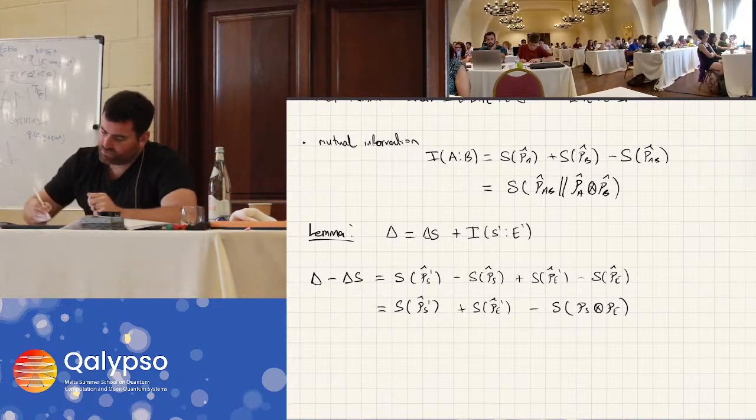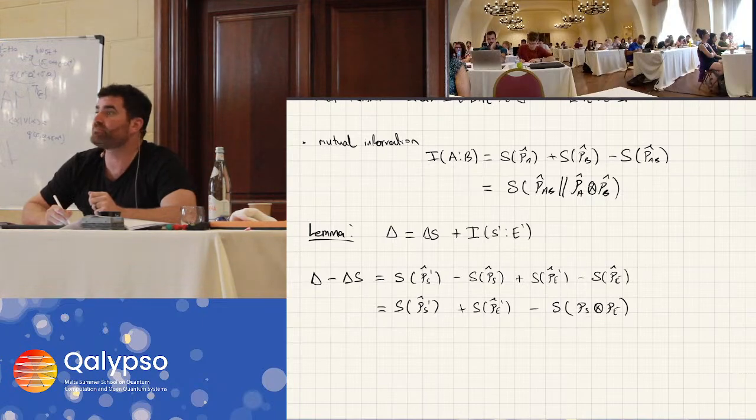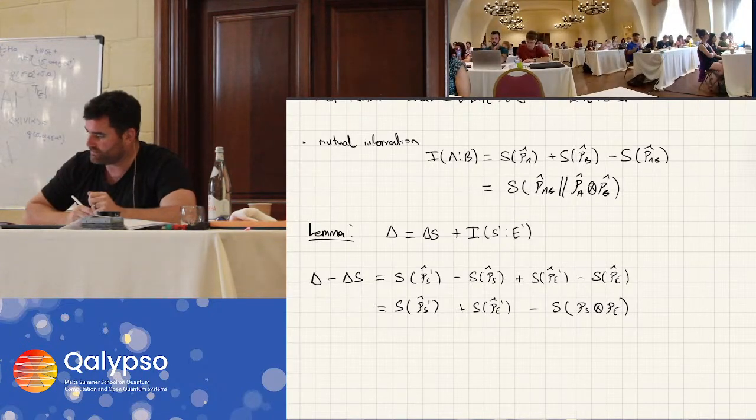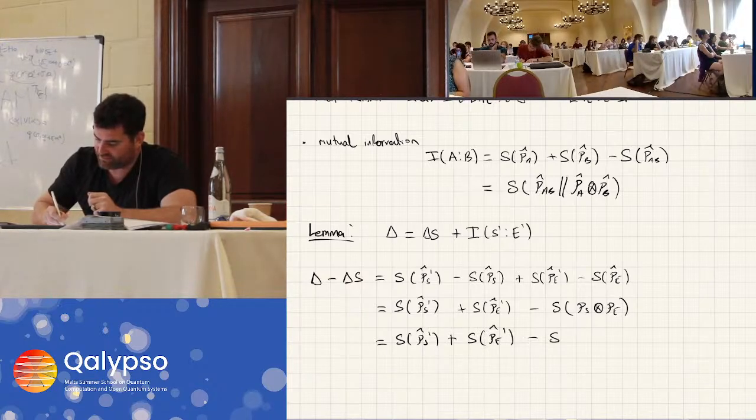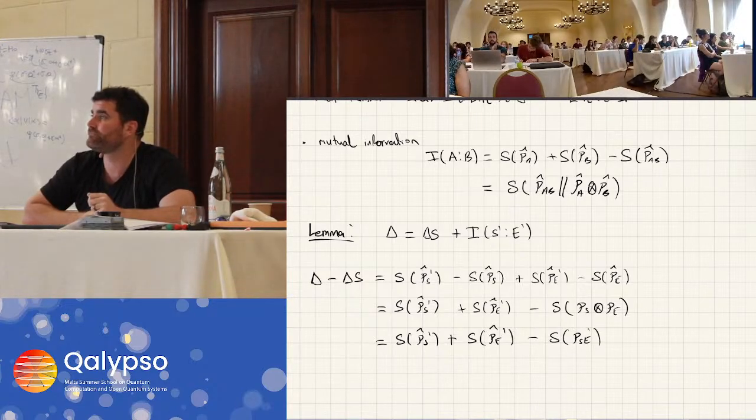Now, notice that this guy here is the same as the entropy of rho SE prime, because it's unitarily connected to rho SE prime and the entropy doesn't change under a unitary, right? So this is equal to S of rho S prime plus S of rho E prime minus S of rho SE prime. Because these things are unitarily connected. Clear?